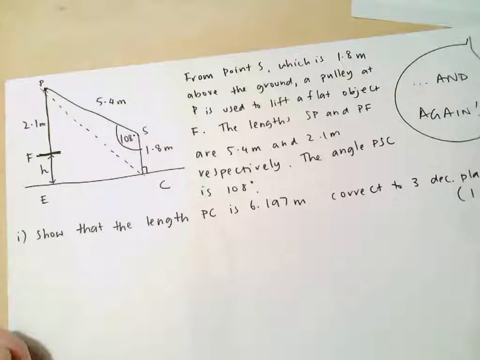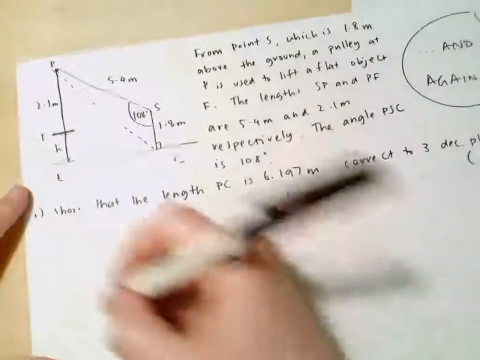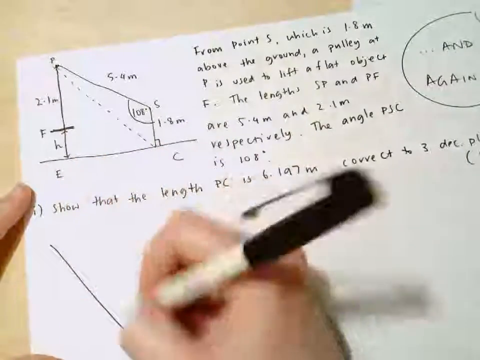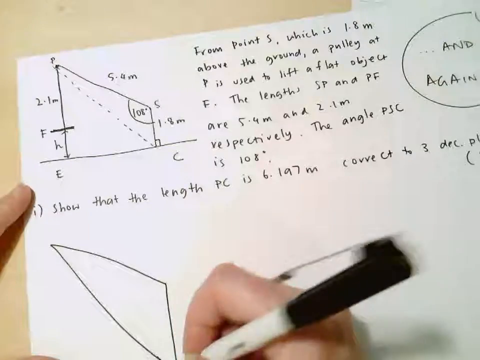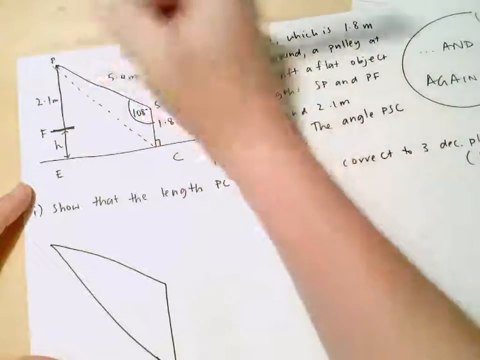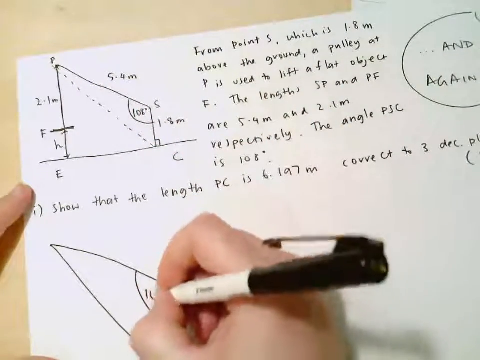Alright, so give that a go yourself first before I take you through it. As a little tip, see if you can identify the triangle that you're going to be using. Alright, hopefully you went alright with that. The first thing, as I mentioned in that little tip, was to identify the triangle you're using. So this is the triangle, it's this one here, where I know this angle is 108.